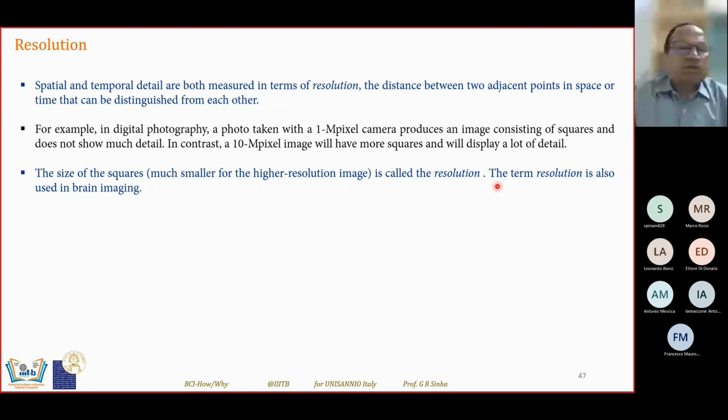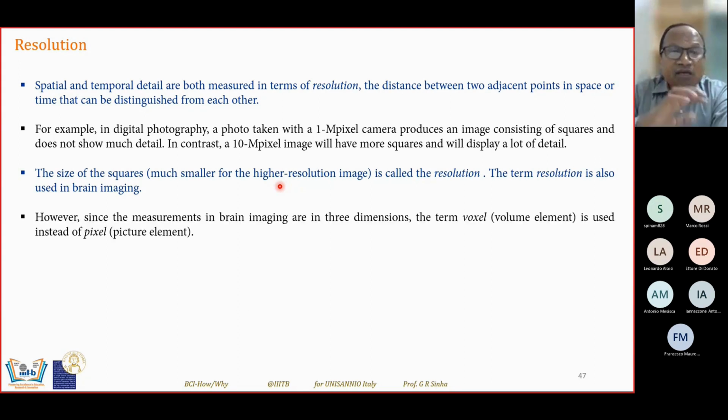The term resolution is used in brain imaging, much smaller for higher resolution. If you are putting less area for each square where you are concentrating, the number of pixels required to represent the image will be more. We are again going to use all these terms numerically and implemented in the results, which I will include probably after 4 or 5 lectures only.